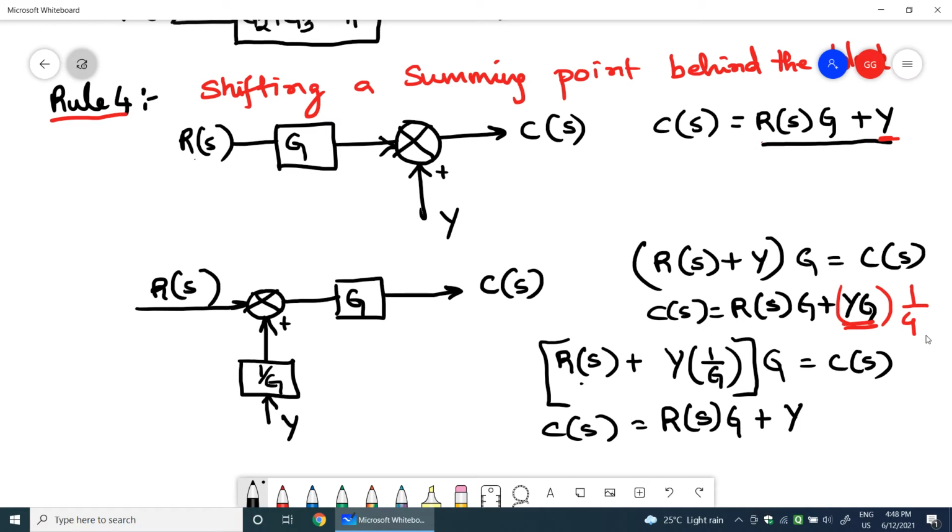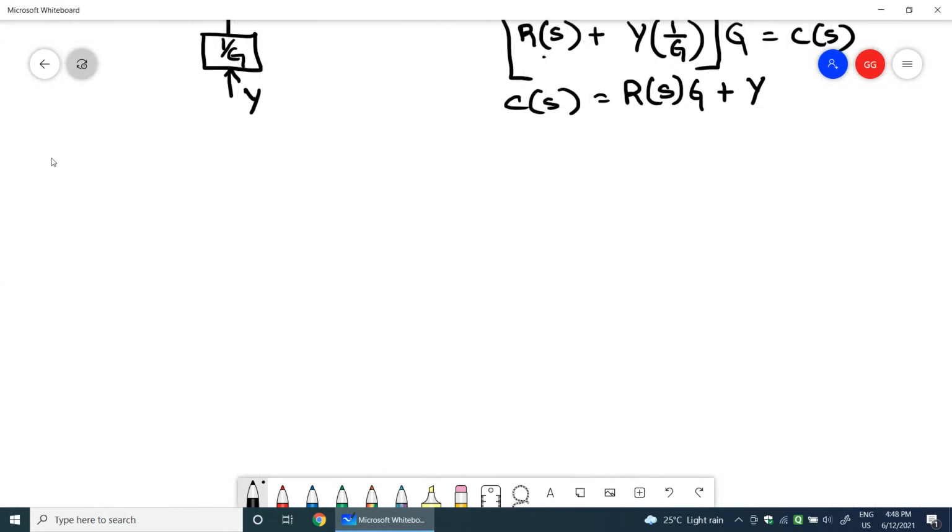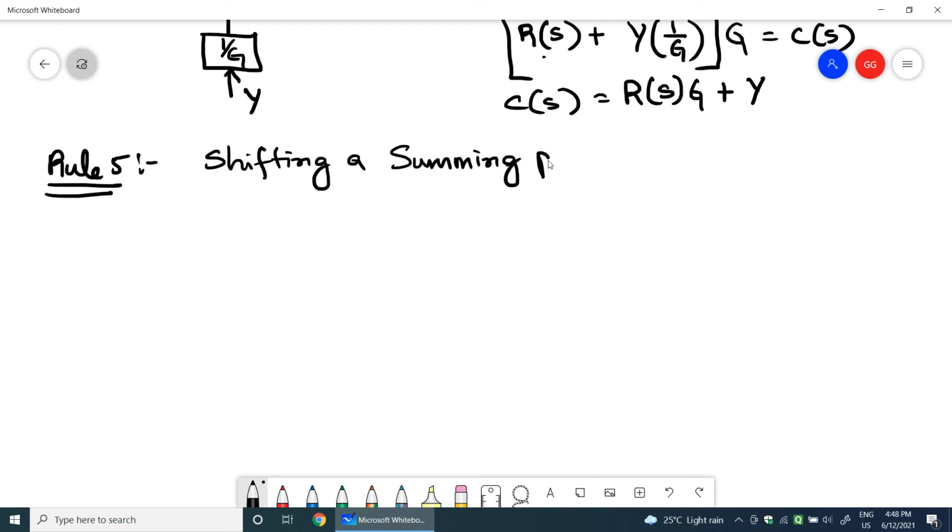Now we will go for rule 5. Rule 5 is shifting a summing point beyond the block.